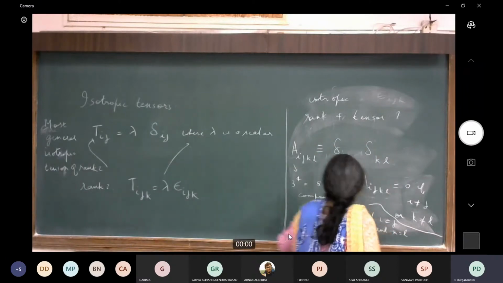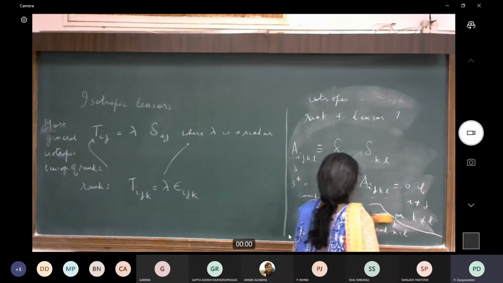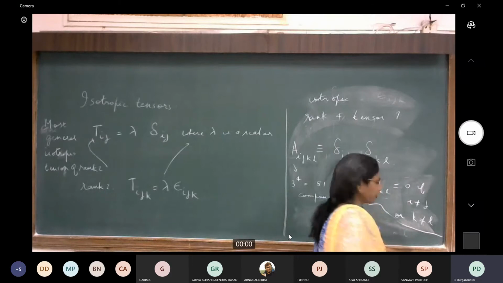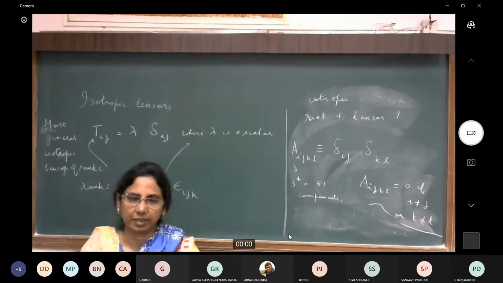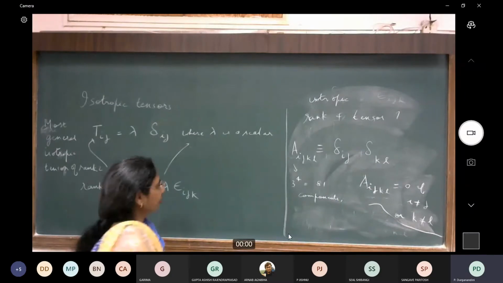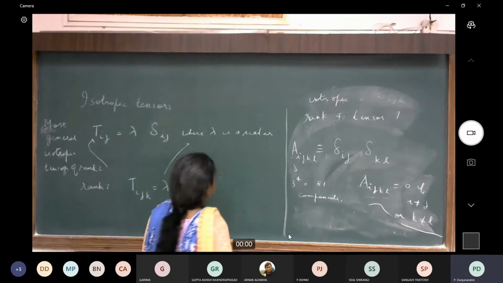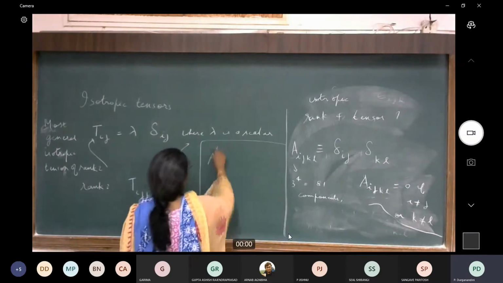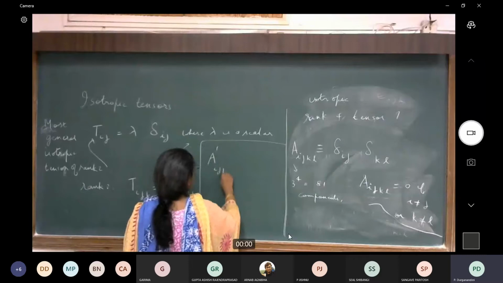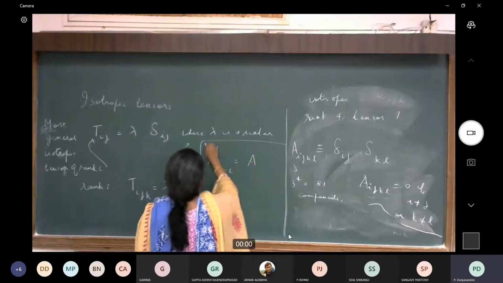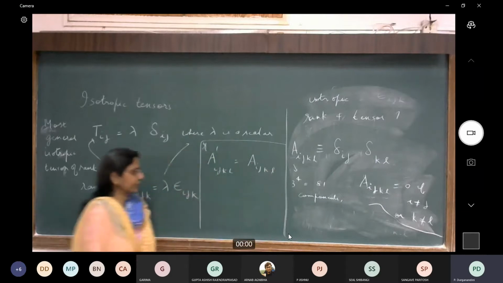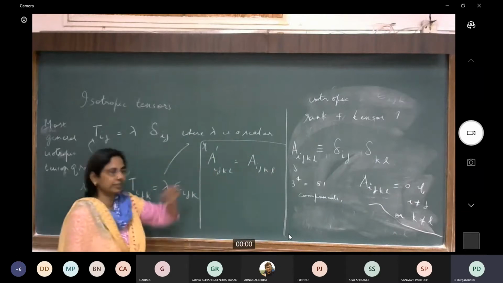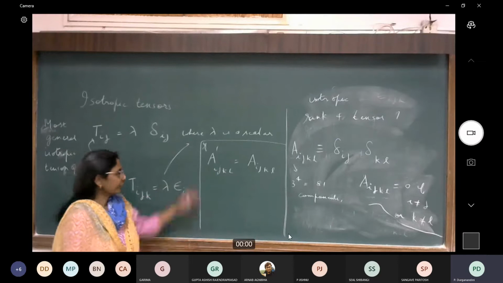Now the next thing is to show that this is an isotropic tensor. How does one show it's an isotropic tensor? By definition, what is an isotropic tensor? It's that A prime ij kl must be the same as A ij kl for any arbitrary rotation transformation. So use this.